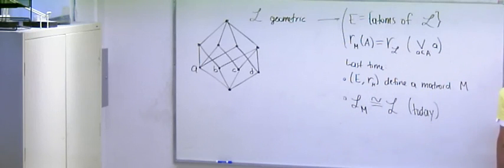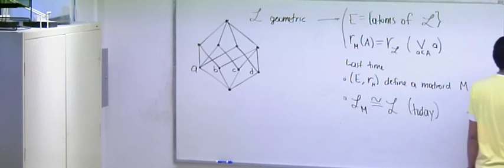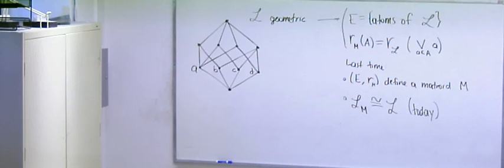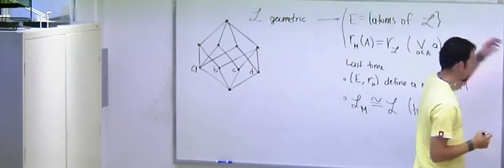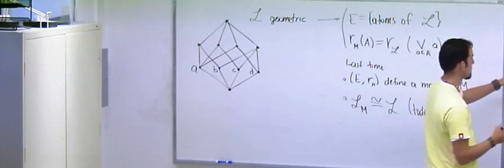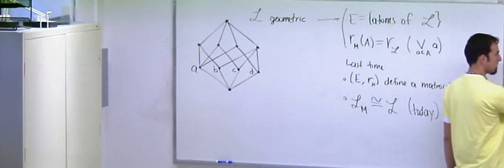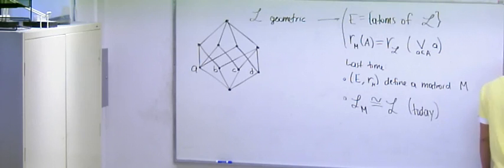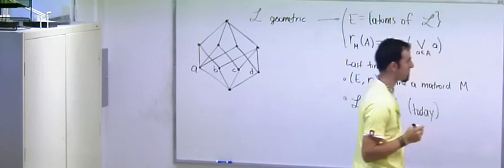The set of atoms less than or equal to x in the lattice. So this is a subset of E. And what we showed last time is that this actually is a flat, so it's an element of the lattice of flats of the matroid.